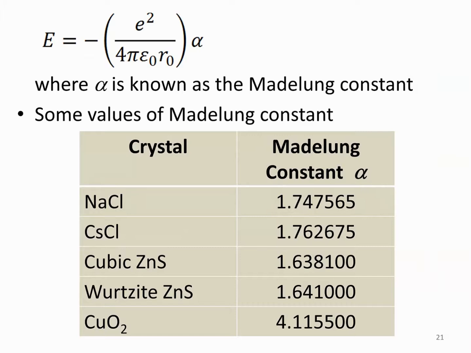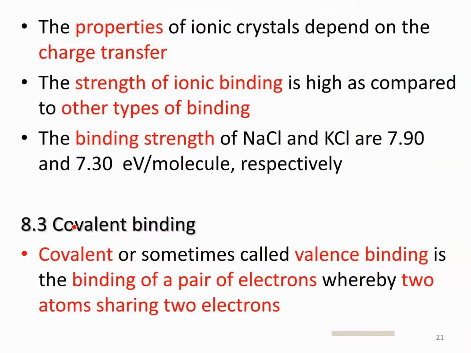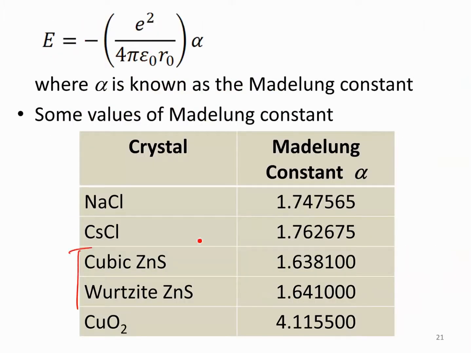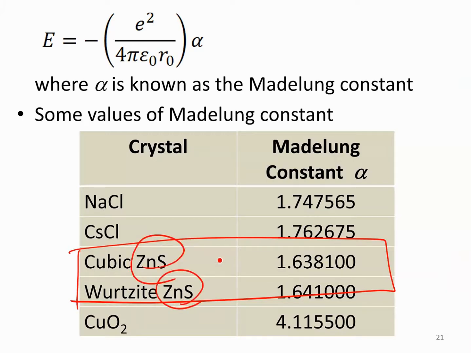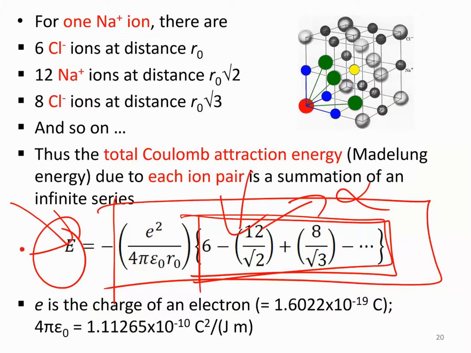And then for copper oxide, the Madelung constant is 4.115. So you need to take note that both are zinc sulfide, but when the atoms of the zinc sulfide are arranged in a different atom arrangement, then you will get a different Madelung constant.